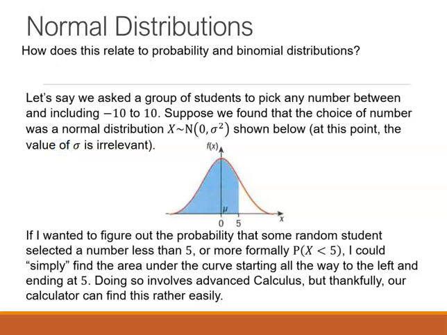If I wanted to figure out the probability that some student selected a number less than 5, or more formally, the probability that x is less than 5, I could do this by simply finding the area under the curve that is below 5. Now, when we say simply, it's not so simple of a procedure.